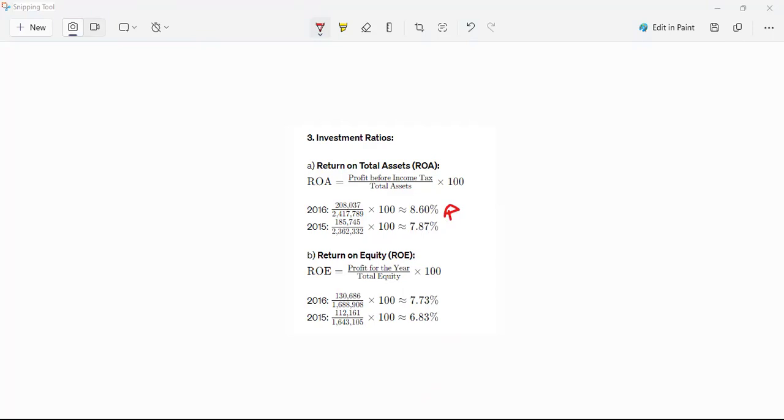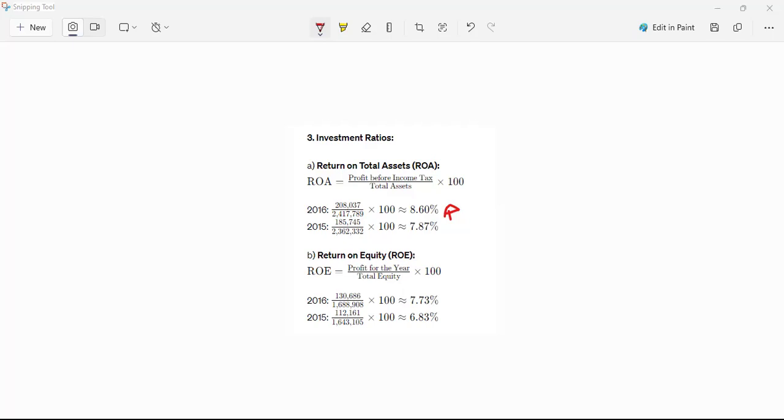The implications are that a higher return on assets indicates better asset utilization and efficiency in generating profits. This basically reflects positively on the company's operational performance and management's ability to generate returns for the investors. So it's a good sign.